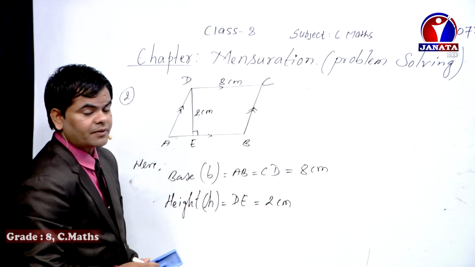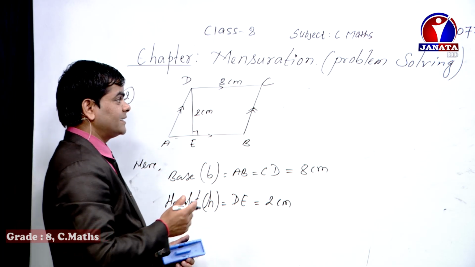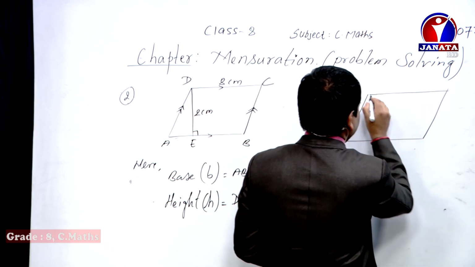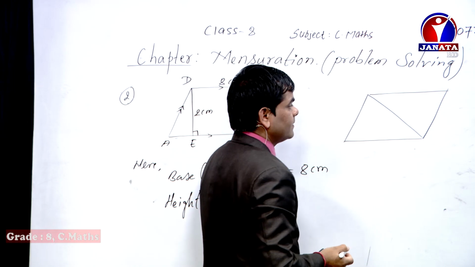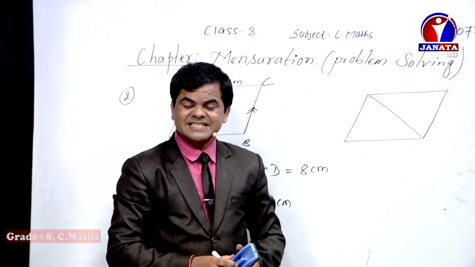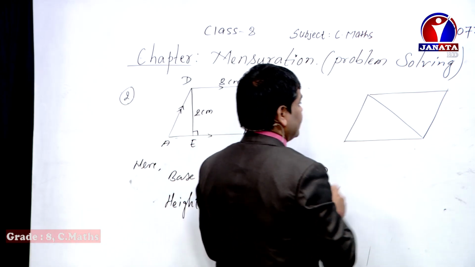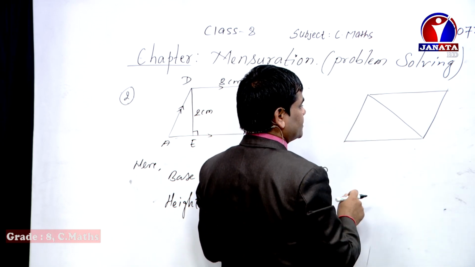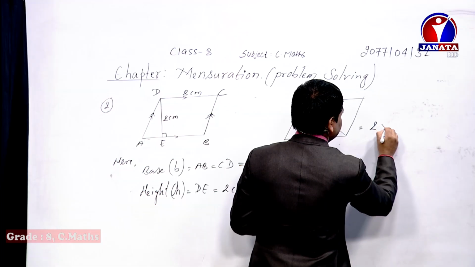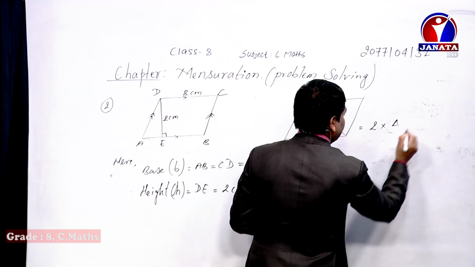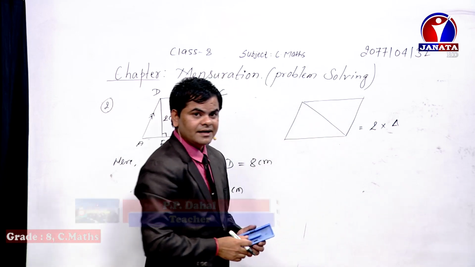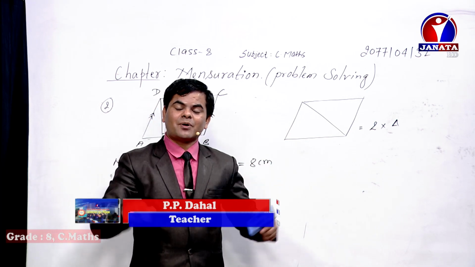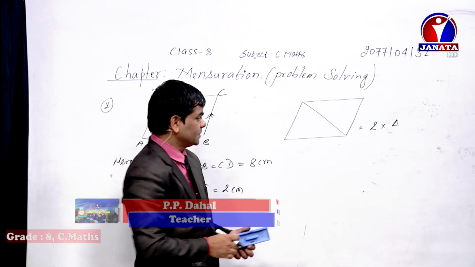Now we need to use the formula. What formula did you use? Once again, if it is a parallelogram and we join one diagonal, then the whole parallelogram is divided into two equal halves. The area of this triangle and the area of this triangle become equal to each other. So when we multiply 2 with the area of one triangle, we get the area of both triangles, and altogether it forms the area of the parallelogram.